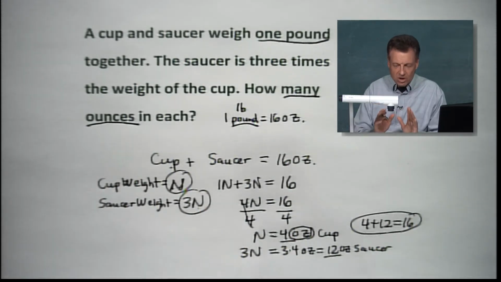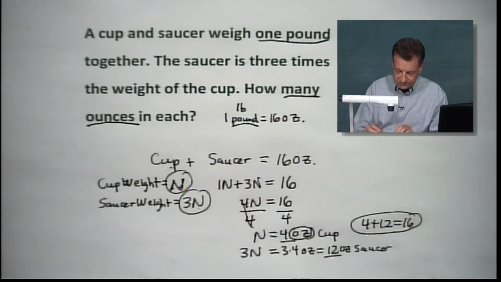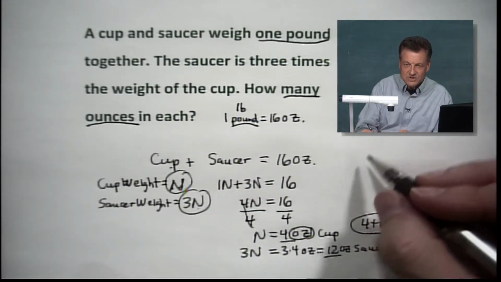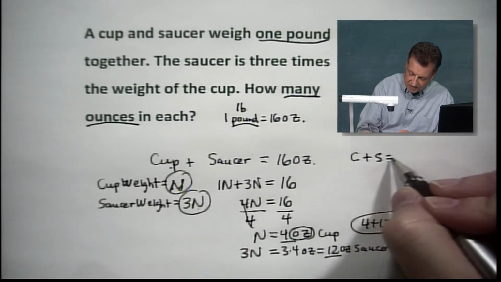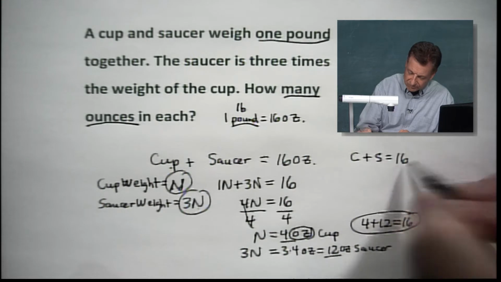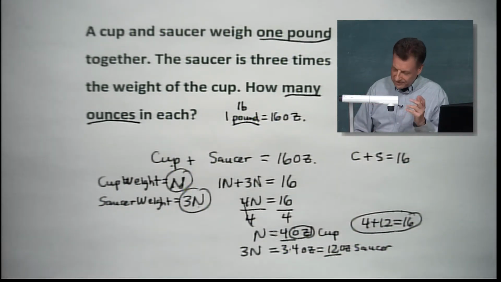Now, remember what I said a little bit earlier? We could have said C plus S, but let's just show you what's going to happen. In this case, we would put C plus S equals 16. But if we got 2 variables, my friends, we've got to have 2 clues. Well, we have 2 clues, don't we? We have to have 2 equations.